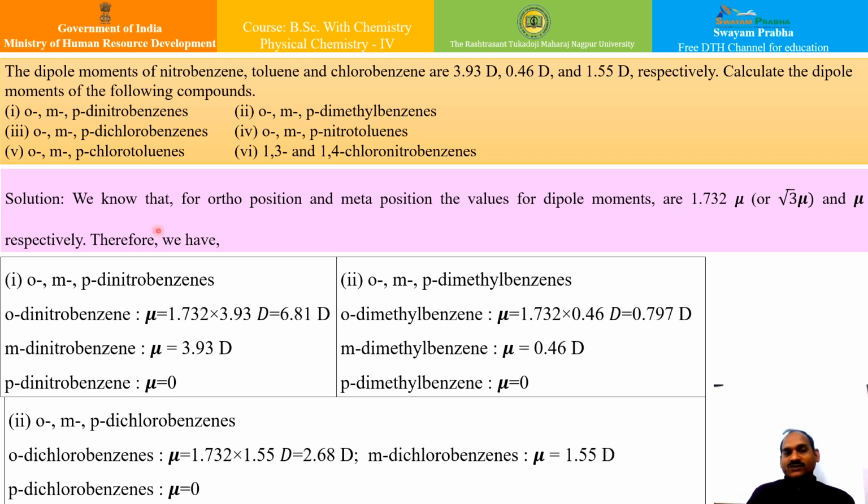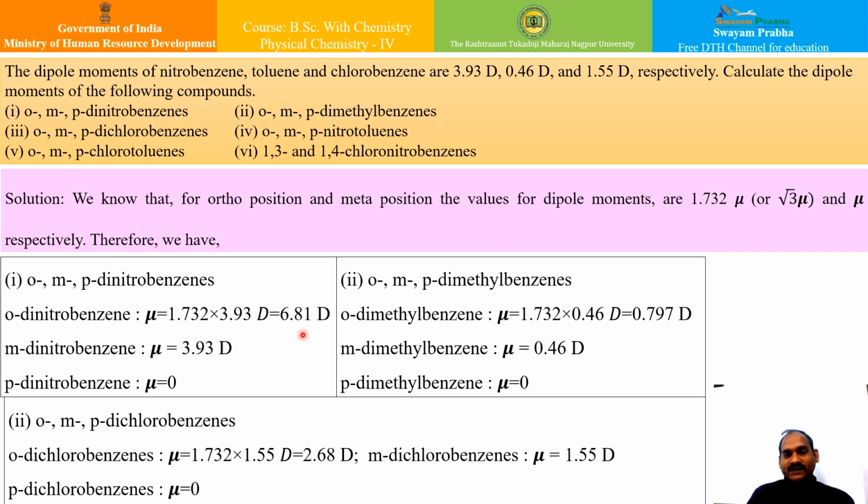So in the ortho dinitrobenzene case, mu is equal to 1.732, which is known to me, multiplied by mu, which is given over here as 3.93 dB.